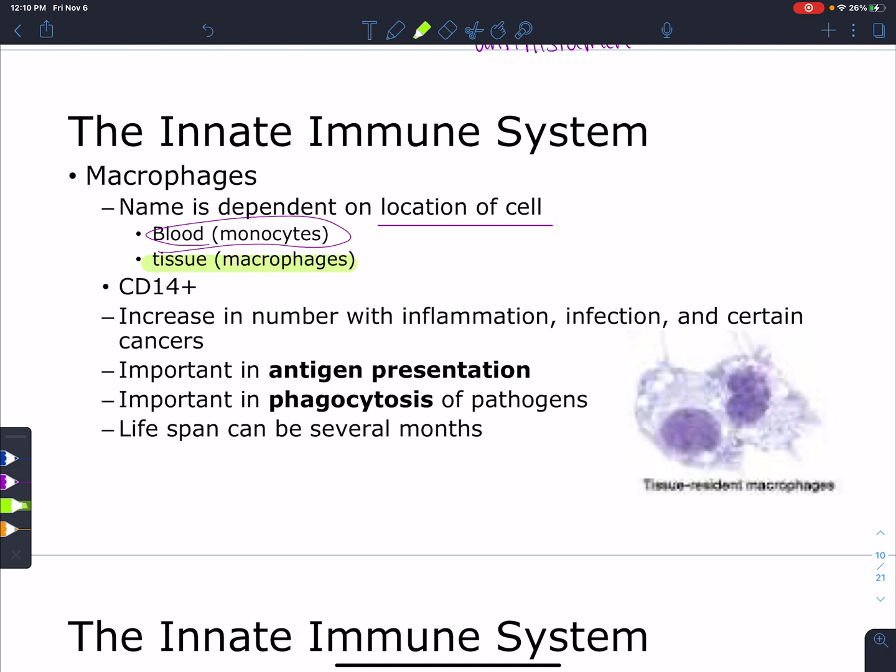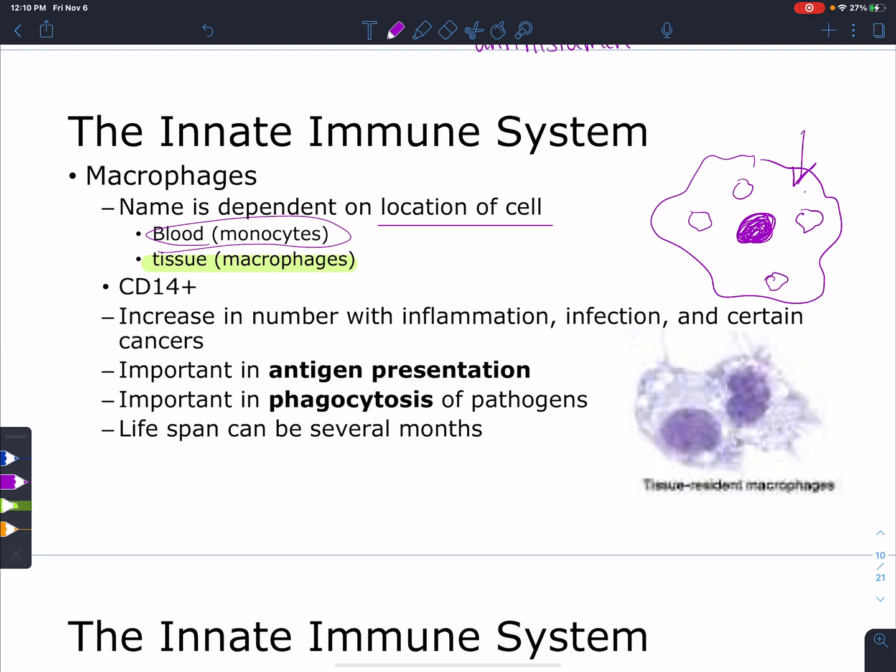When I've seen them, when we've counted body fluids, they look very similar to your mono with that nucleus. It's usually a fairly larger nucleus. And the cytoplasm area is usually larger in a macrophage, and it usually has more vacuoles in it because this guy's busy at work, engulfing things.